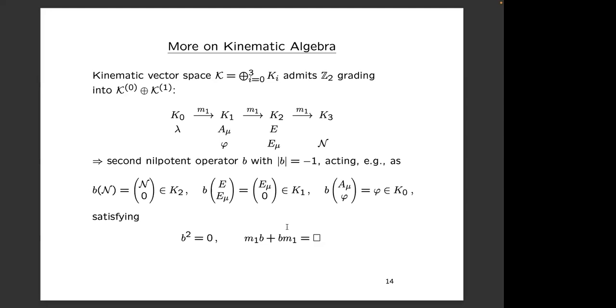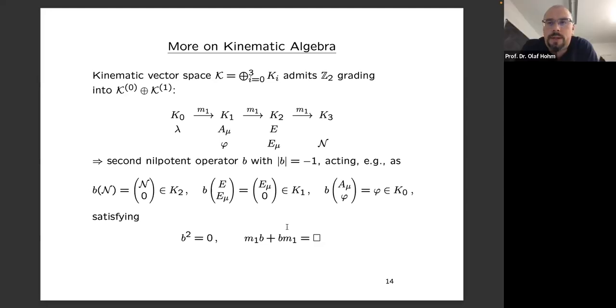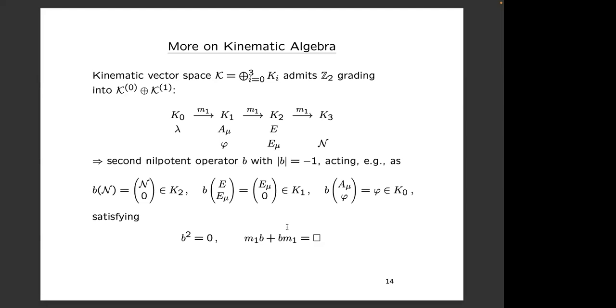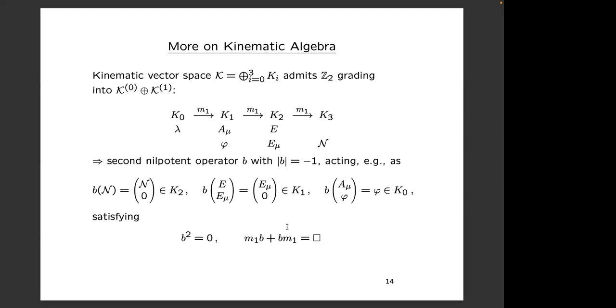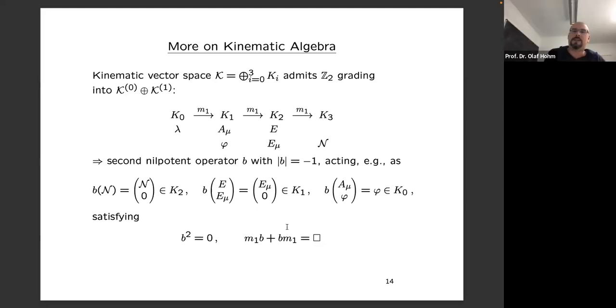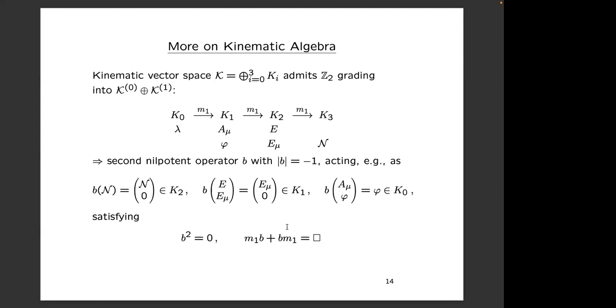Like, what is box in the abstraction? I guess the abstract way of thinking about it is that you're given two differentials, M1 and B, and the box is whatever the anti-commutator gives. Oh, okay, I see. So M1 and B are the fundamental abstract objects. Then whatever the anti-commutator gives you, you call it box. Okay, thank you.